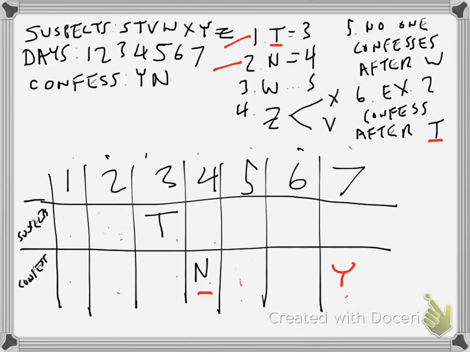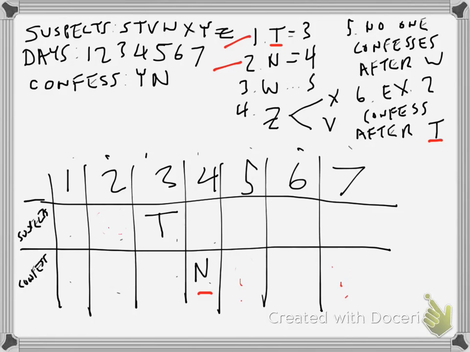Now, how far after T? We don't know yet. But we know that W has to be far enough after T that we can still get 2 confessions after T and get no confessions after W. Now, the only thing you do know comes after W is S. So, think about it like this.